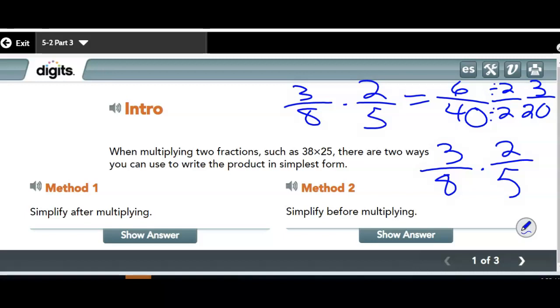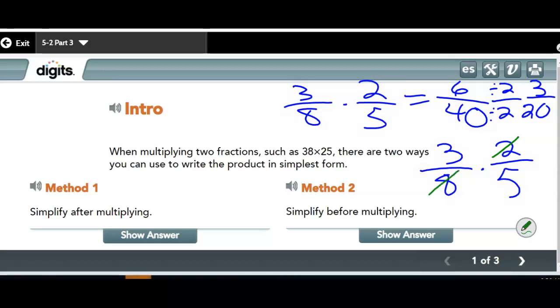Ben? That's exactly right. This is cross simplification. If you have a number on the top and a number on the bottom that can be simplified, you can go ahead and cross them out, and you can simplify them.